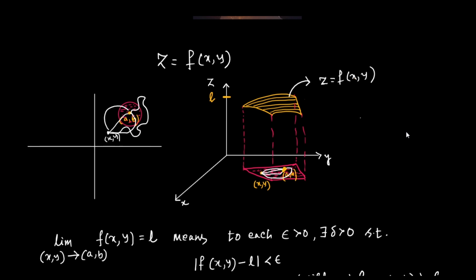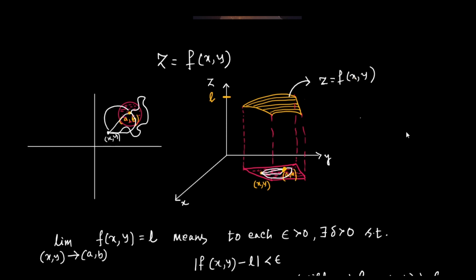If I decrease delta, the region will squeeze. As a result, irrespective of whatever path (x, y) has taken, if (x, y) is lying in this neighborhood where delta is very small, that means the radius is very small.